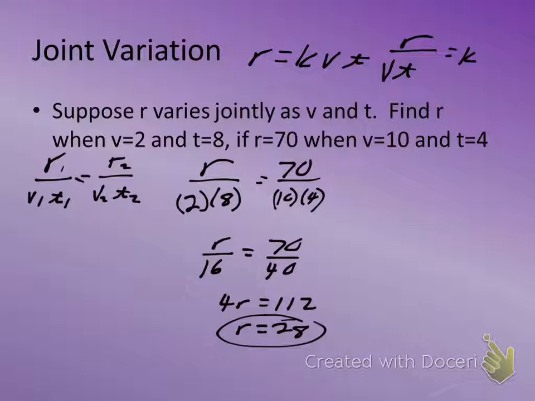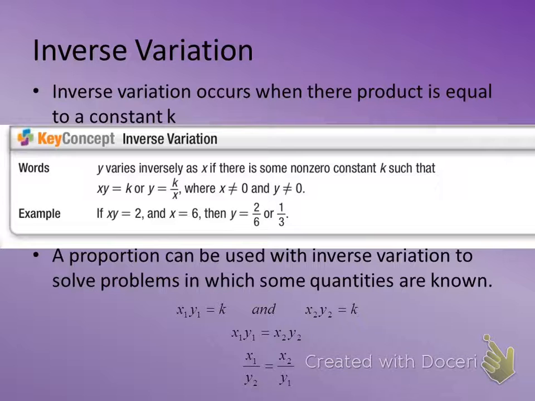So there's two of the types. Third type's a little weird. Third type's called inverse variation. Inverse variation occurs when the product is equal to a constant k. So it'll say if y varies inversely as x, if there is some non-zero constant k such that xy equals k, or y equals k over x, either way.